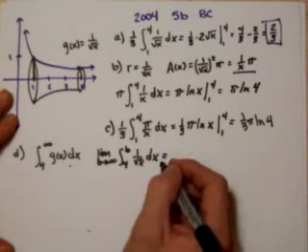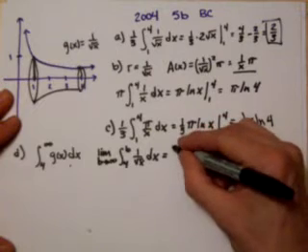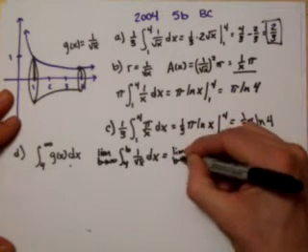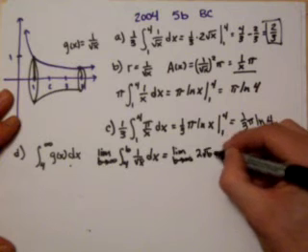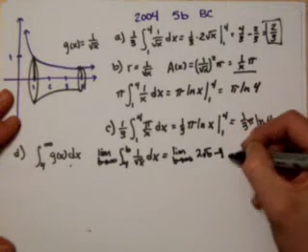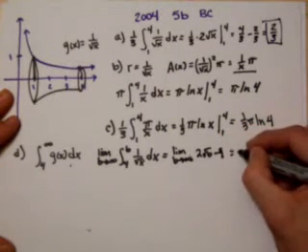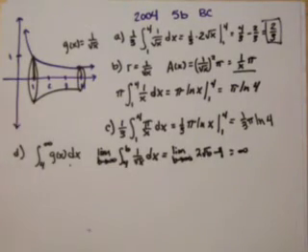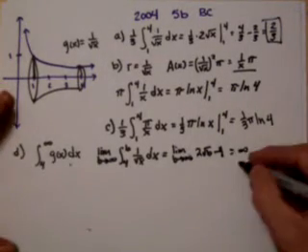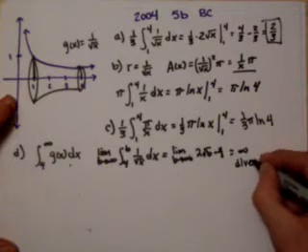That's going to be equal to the limit as b goes to infinity of 2 root b minus 4, which is equal to infinity. As b goes to infinity, the square root of b goes to infinity. So this shows that this diverges.